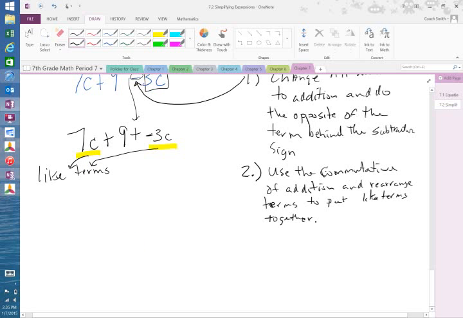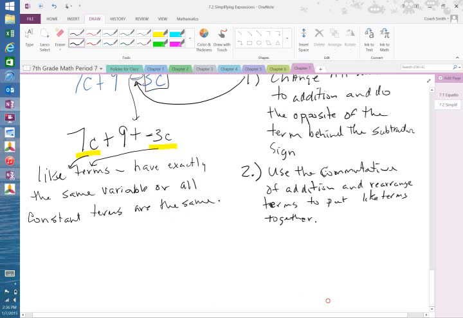Like terms have exactly the same variable, or all constant terms are the same.